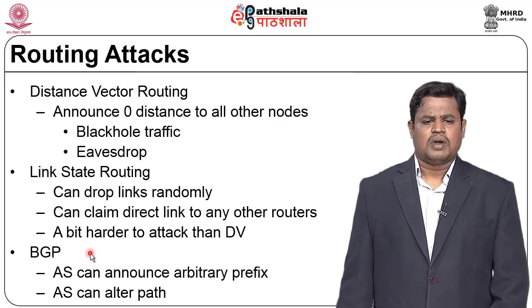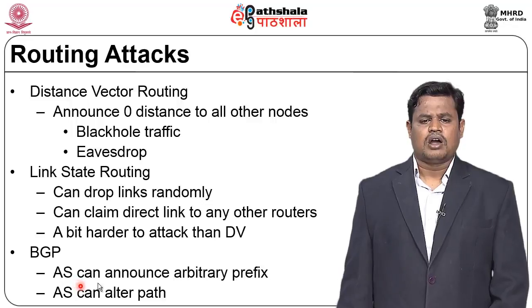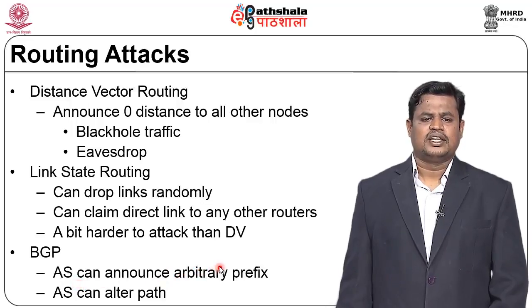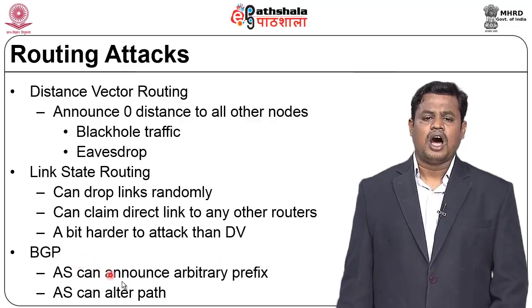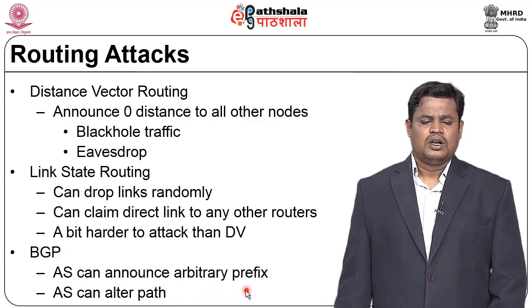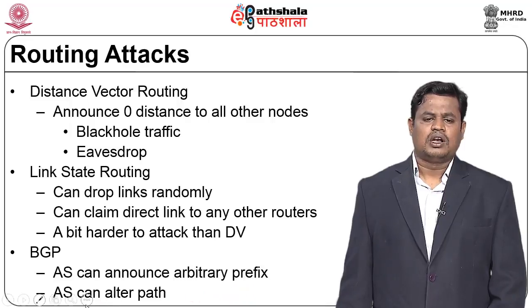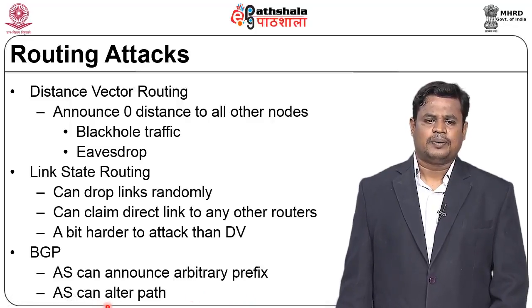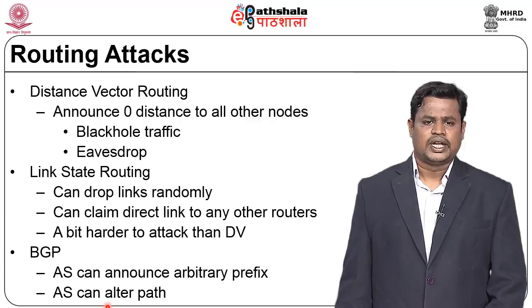An autonomous system means a single administratively controlled system. So an AS can announce arbitrary prefix values to create false information, and sometimes they can advertise an alternative path instead of the correct path, which they can do in the case of a routing attack.